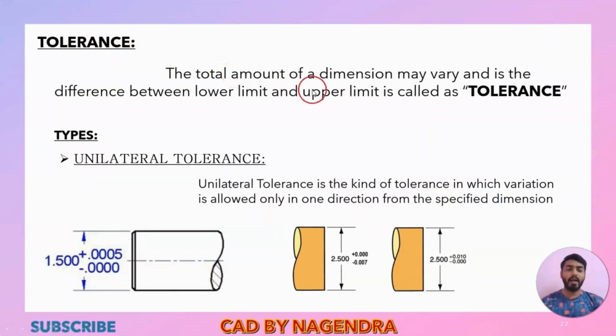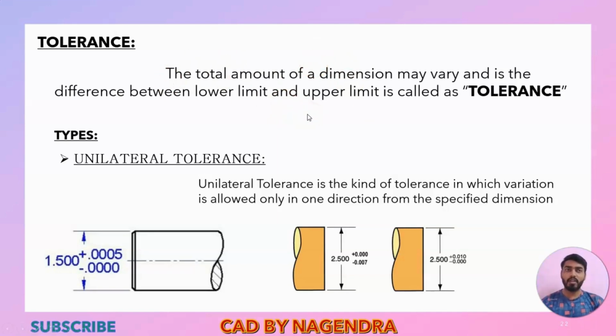So for every part, let's say for a shaft which has a diameter of 50, we'll mention some tolerance value. This tolerance value will be taken from the standard table for the particular diameter and length. We need to maintain the tolerance specified in the standard tolerance table.